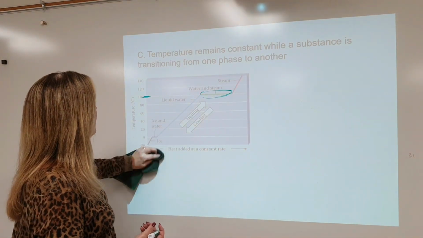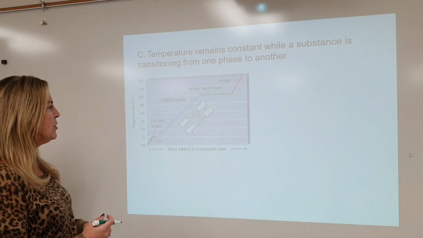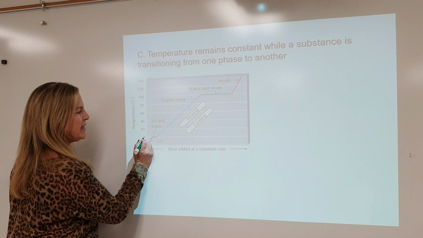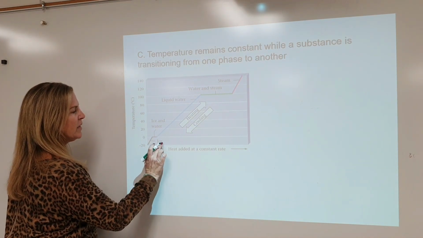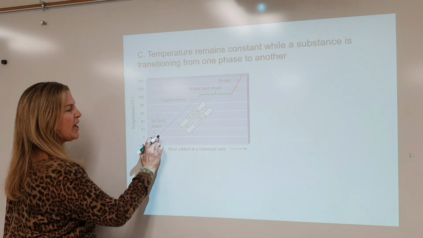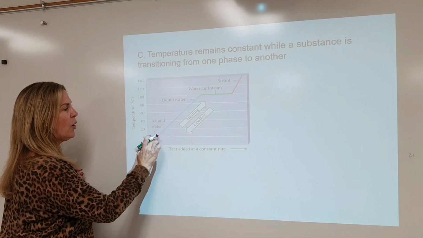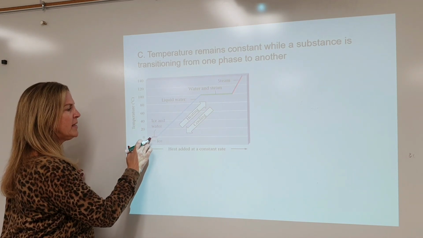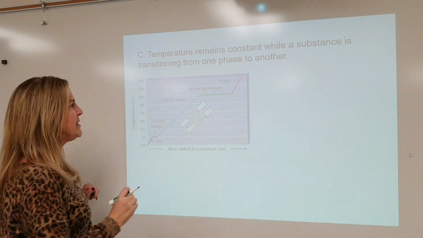All right, so this is called a heating cooling curve for water. So as you look right here from 20 to 0, what is the phase? This is ice. And when the line is not changing, that's a phase change, right? That's melting or freezing. So if I'm going this way, it's freezing. If I'm going this way, it's melting, all right?